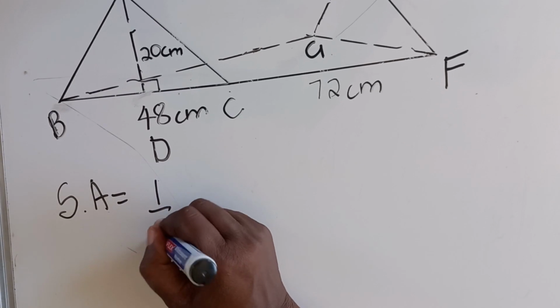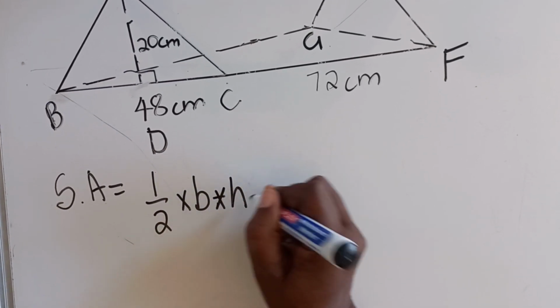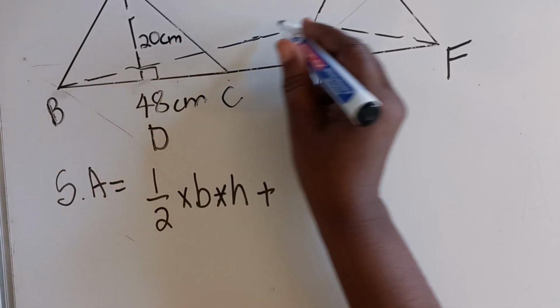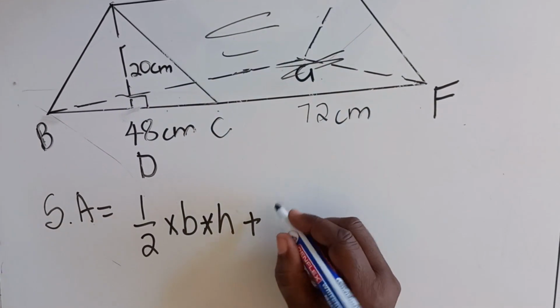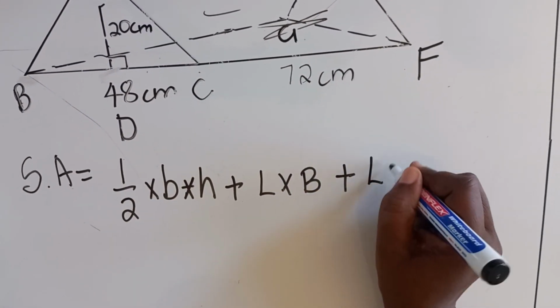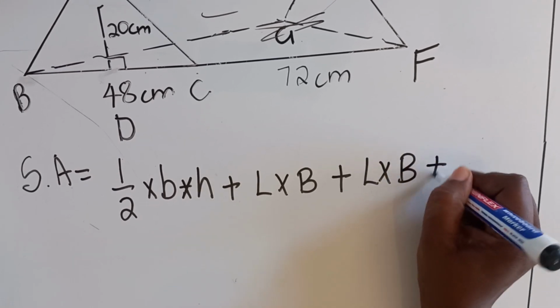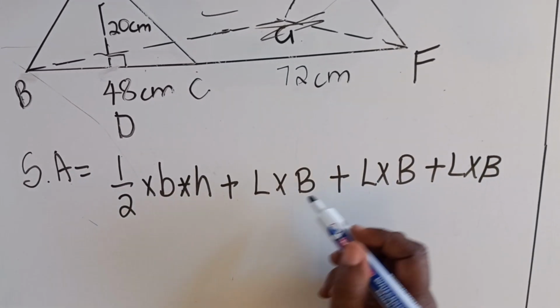For a triangle it is half times base times height, plus this is a rectangle, this one is a rectangle here. So the area of a rectangle is length times breadth, plus length times breadth, plus length times breadth, because you have three rectangles.